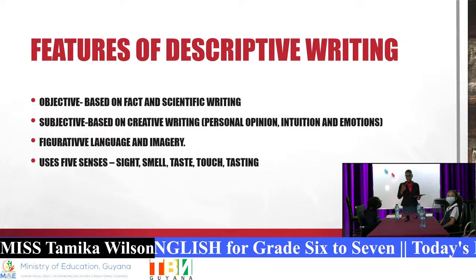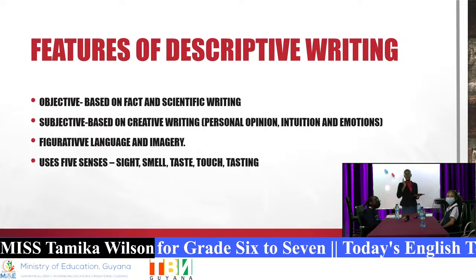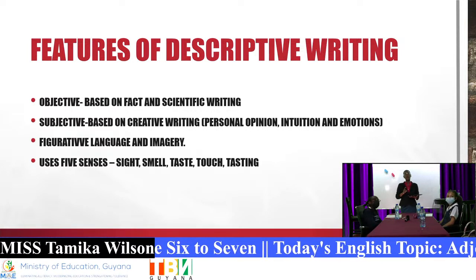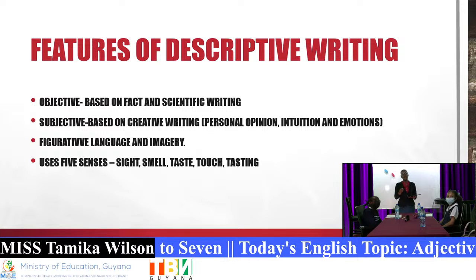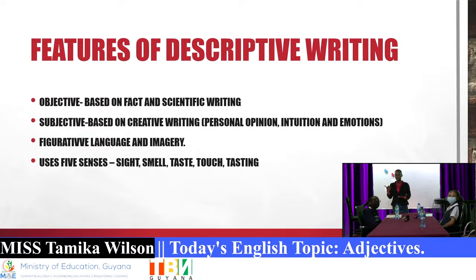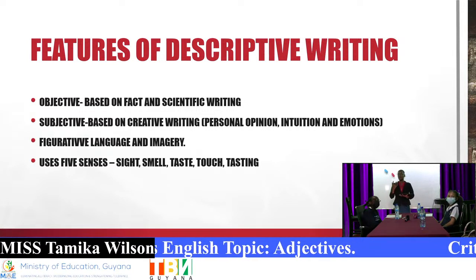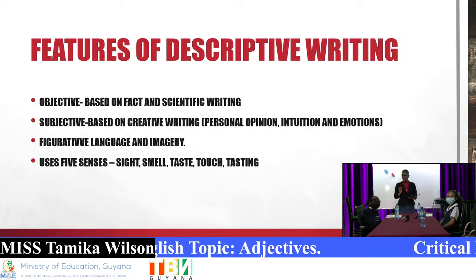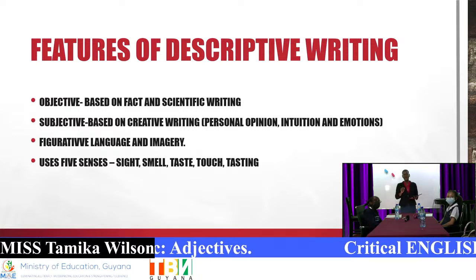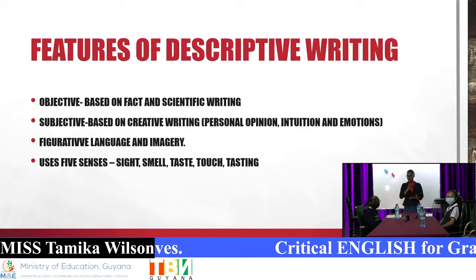If we are being subjective, which this type of writing allows us to do as well, it's based on creative writing, for instance personal opinions, intuitions, and emotions. So we can be creative and write our own descriptive piece, and that type is subjective. But when we use facts and scientific evidence, we are being objective.